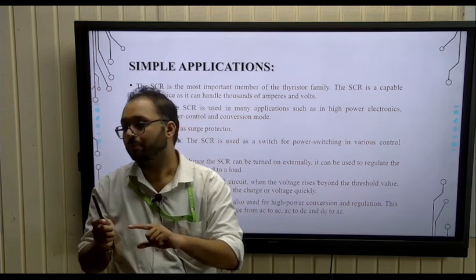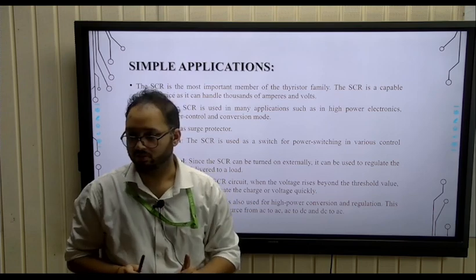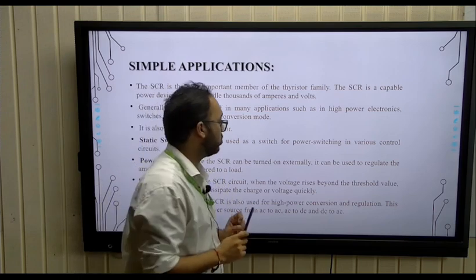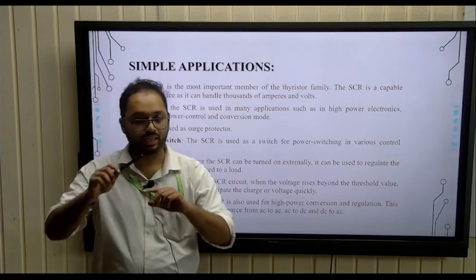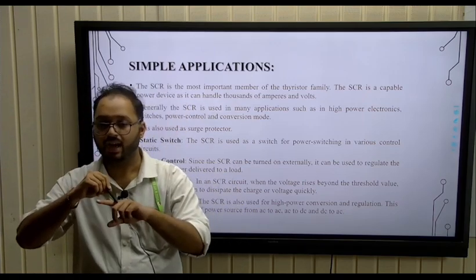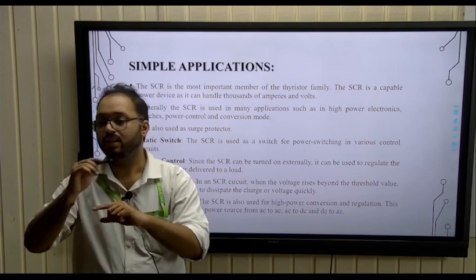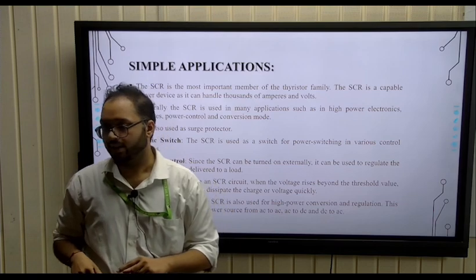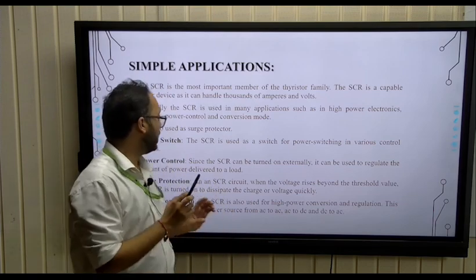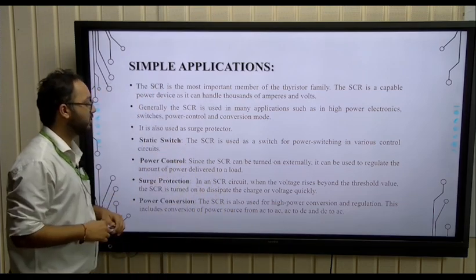If I have not applied the gate current, it will not turn on. The same thing happens in the surge protector. When we apply a large amount of current in Ig, at the same voltage, the SCR will turn on and ground the whole line. That is how you can say that it is a surge protector.